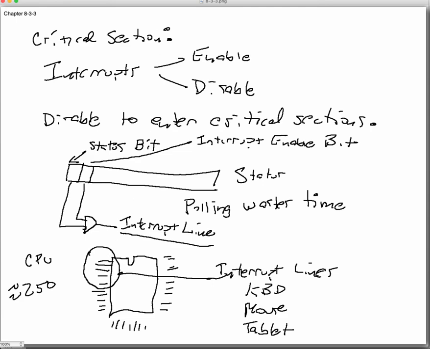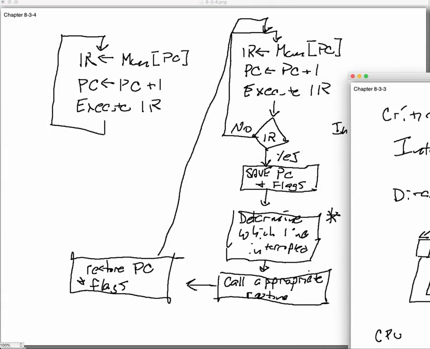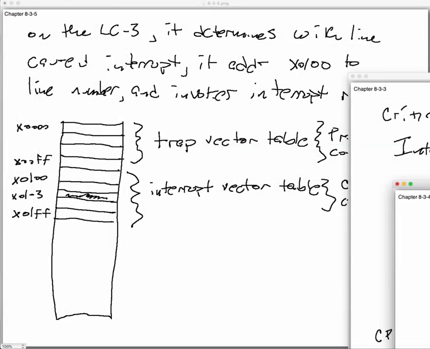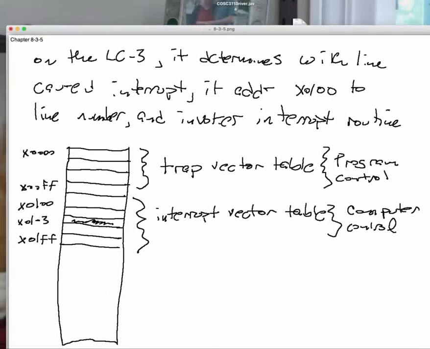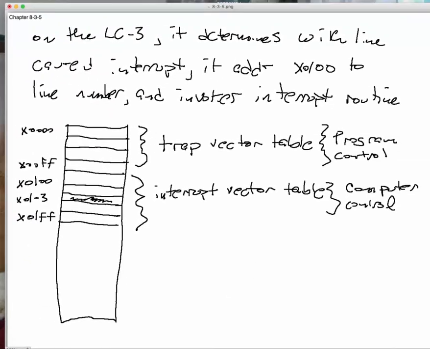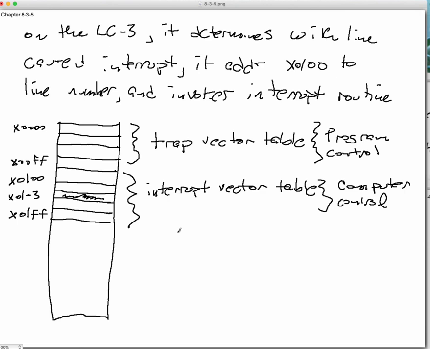And what that means is that I've imposed a priority on it. So what happens is you can impose priorities on interrupts.